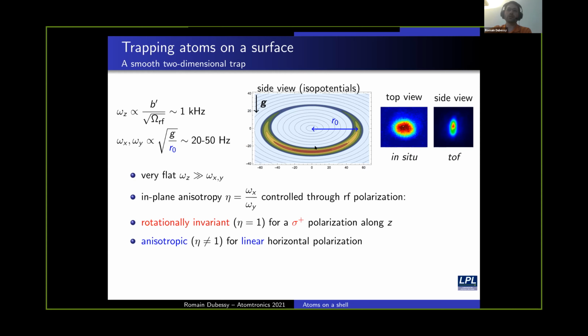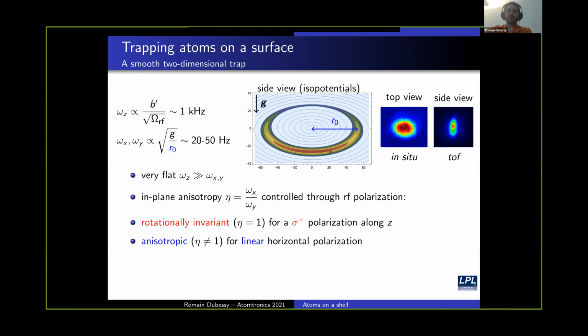So in this trap, if we do nothing special, the atoms are gathered at the bottom of the surface, and we are left with a trap that is very well described by a highly anisotropic harmonic trap with vertical confinement of the order of 1 kilohertz and in-plane confinement that is just given by a pendulum frequency due to the combination of gravity and the constraint that the atoms move on this surface.